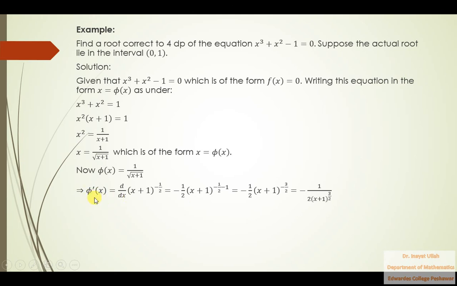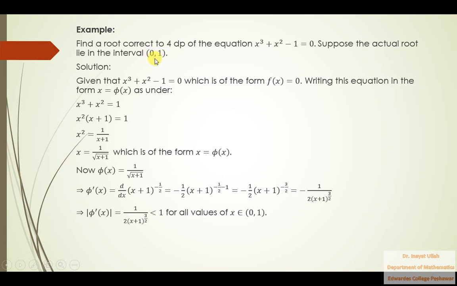We need to take the absolute value of phi prime x. So what is the absolute value? It means that we'll ignore this negative sign, because this is the absolute value of phi prime x. So the negative sign is ignored, and just look at this interval 0 comma 1. The root lies, solution lies in this interval 0 comma 1. Between 0 and 1 there are many numbers.